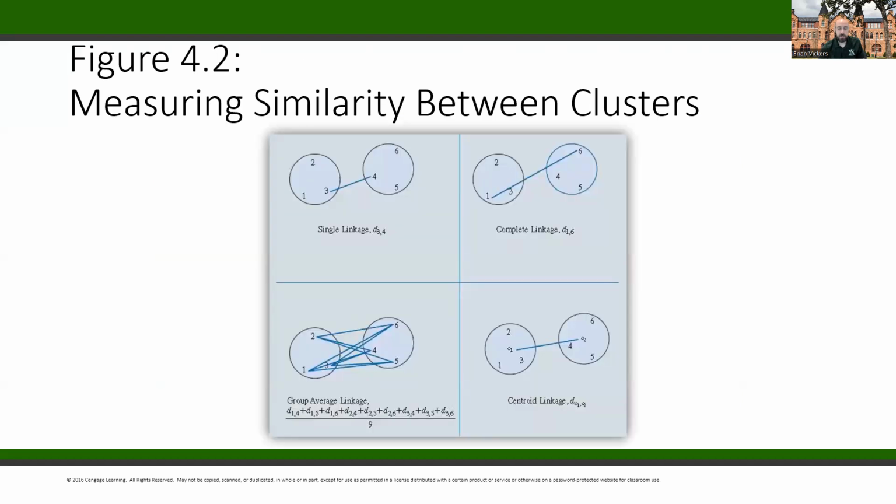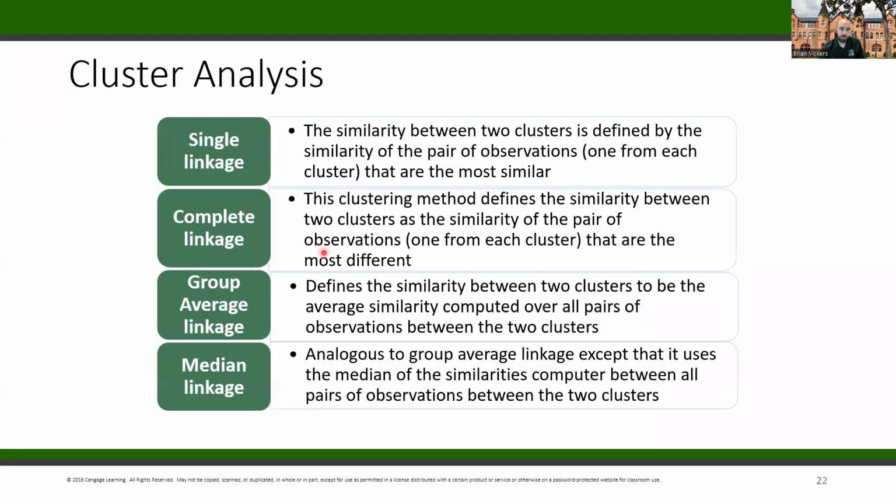So this top left one, observation 3. So 1, 2, and 3 are in one cluster. 4, 5, and 6 are in a different cluster. Single linkage is a specific term talking about the two closest ones. So 3 and 4 are closest to each other. 2 and 4 are a little bit further away. So 3 and 4, single linkage is between 3 and 4.